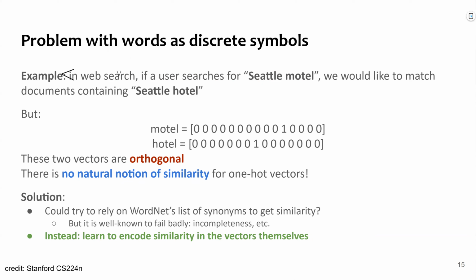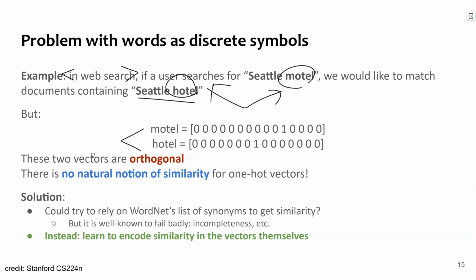In web search, if a user searches for Seattle motel, we would like to match documents containing Seattle hotel because motel and hotel are quite similar. However, when we represent words as these one-hot vectors, these two vectors are orthogonal. There is no natural notion of similarity for one-hot vectors. And we can do nothing useful.